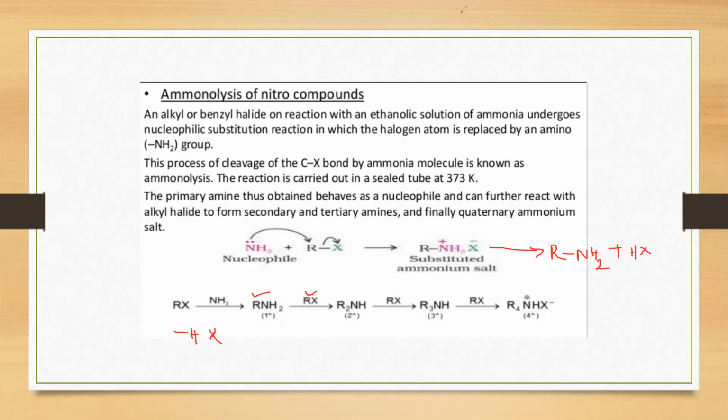But if you have difficulty writing the products, you can remember it like this: RX, and NH3 you can write as HNH2, always just put one H like this. So this X and H you can remove and you will get RNH2.